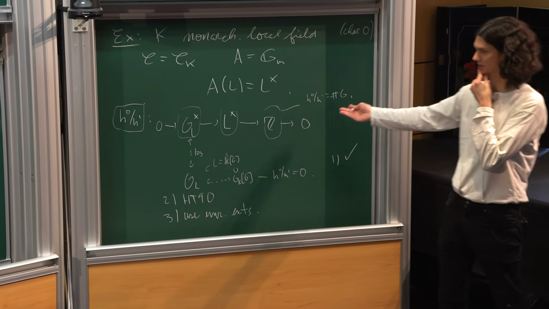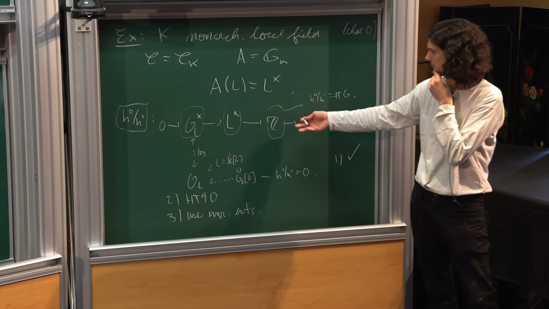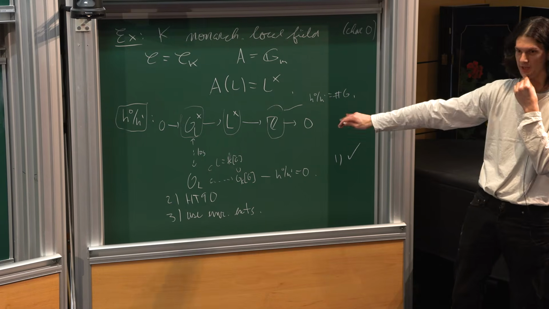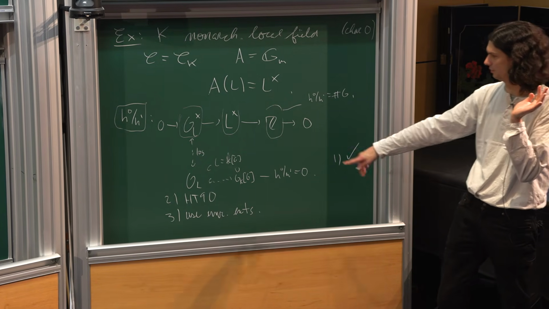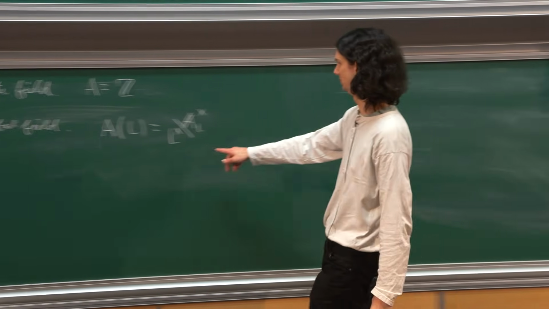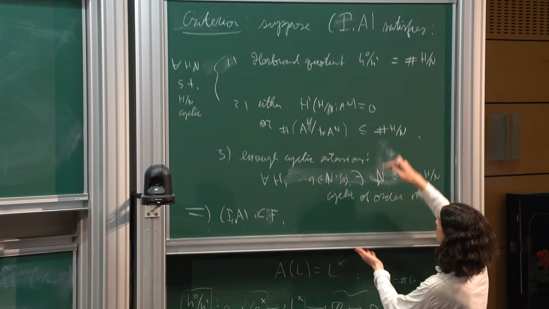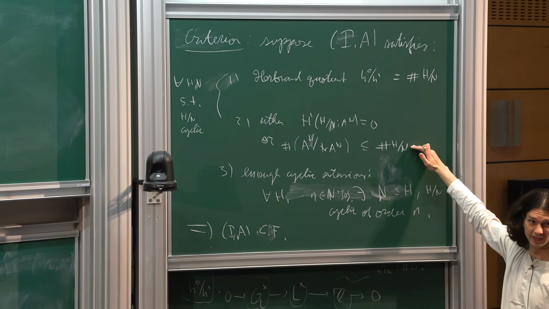So for one, it's a Herbrand quotient calculation, which is really not bad because of these kinds of tricks with exponential maps and so on. Two is not Hilbert theorem 90. In fact, Hilbert theorem 90 is instead used to verify that this actually is a sheaf. So for two, it's not so easy to do this directly. So instead you do this.